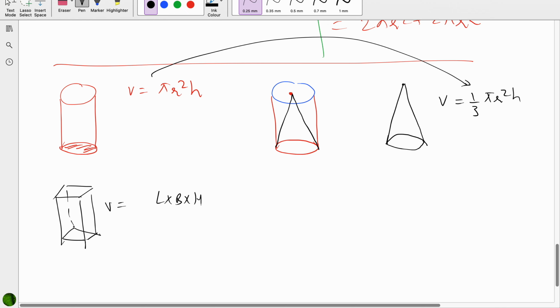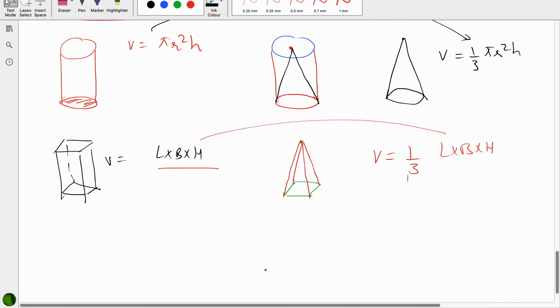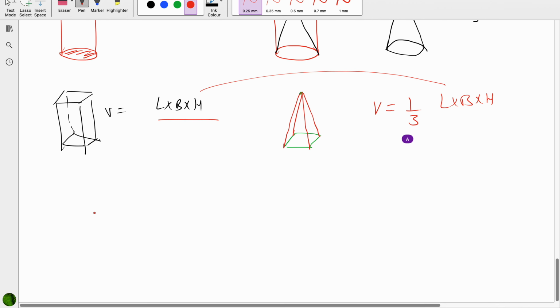And imagine the same shape at the bottom, but it has a dot or a point at the top. So volume is the same formula, length into breadth into height, but 1 by 3. Getting it?